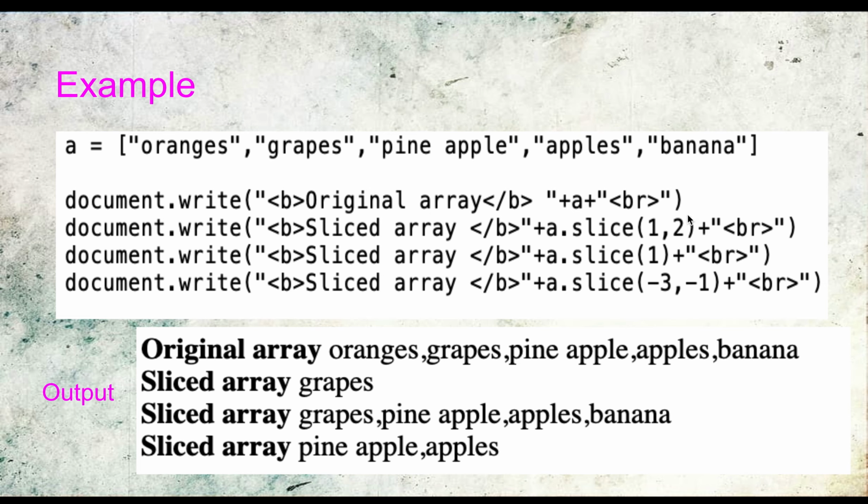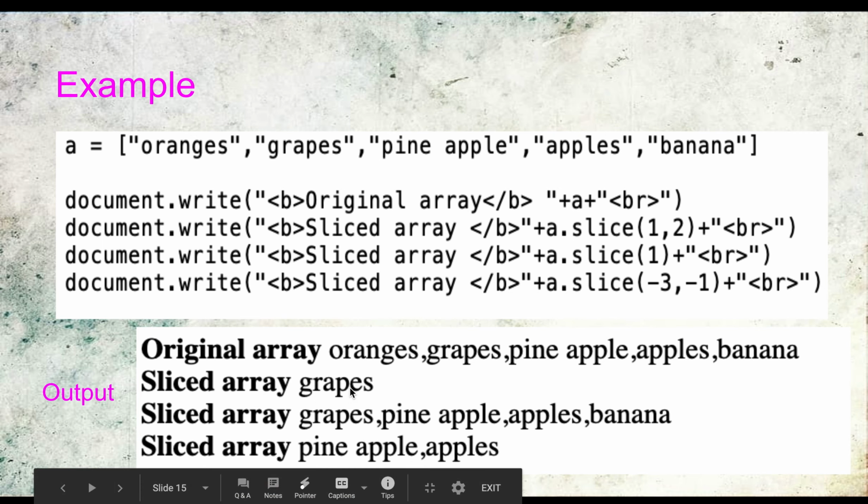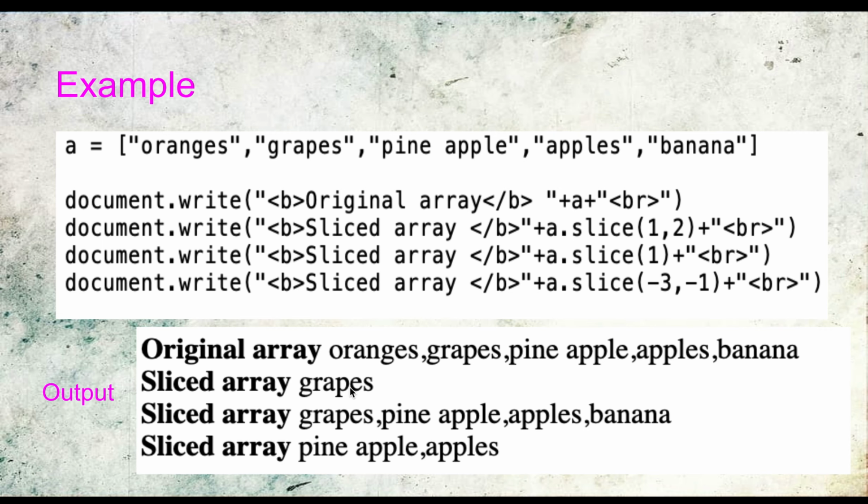Since the value we mention in the end is not considered, it will slice only the element grapes. As you can see in the output, it has only one element, grapes.